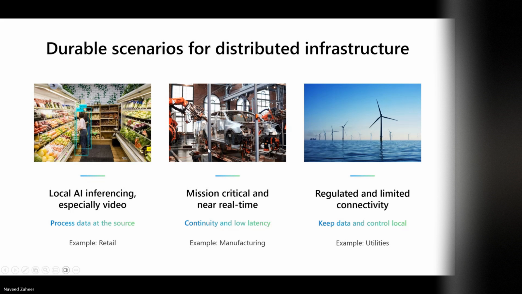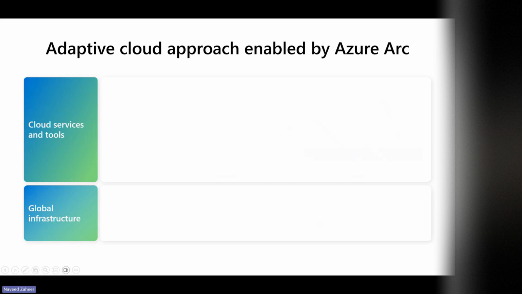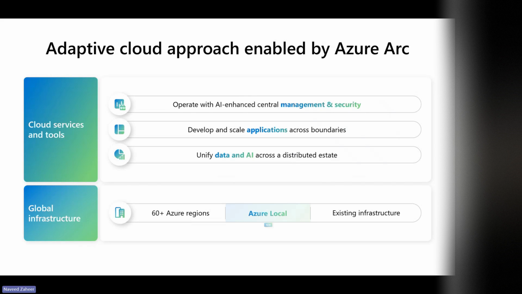In that context, first of all, this approach is possible with Azure Arc. Put simply, Azure Arc allows you to manage your infrastructure, especially your compute, virtual machines, and Kubernetes clusters that are running in your own data center, from the cloud.